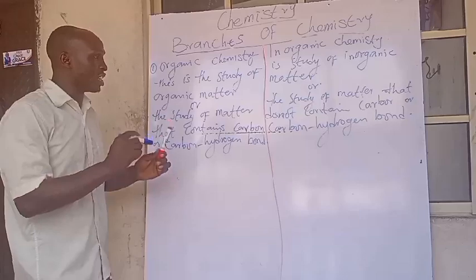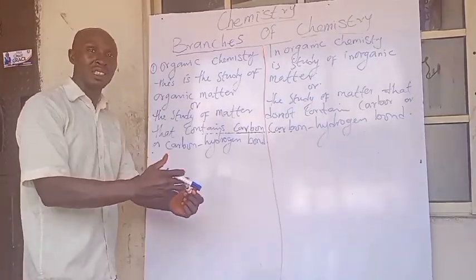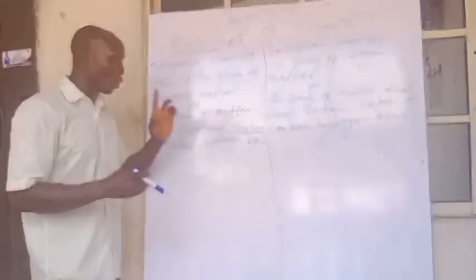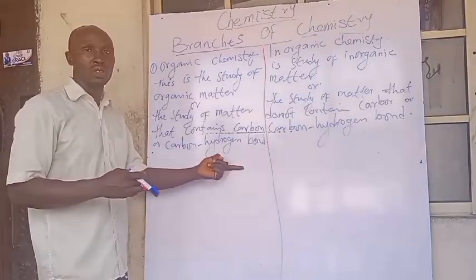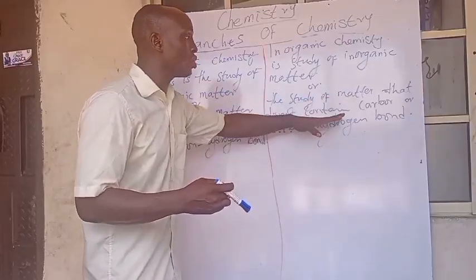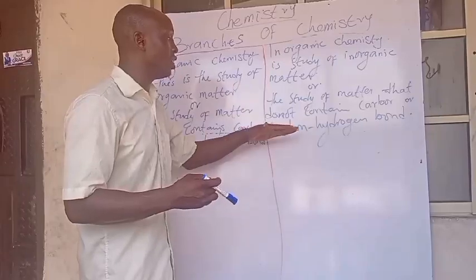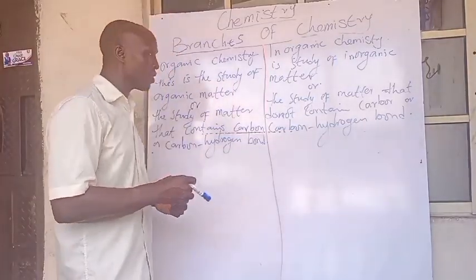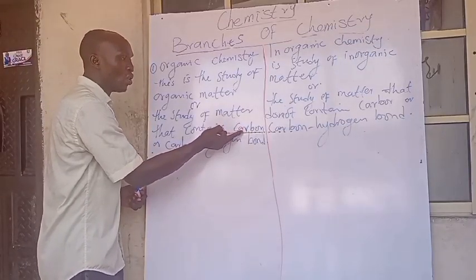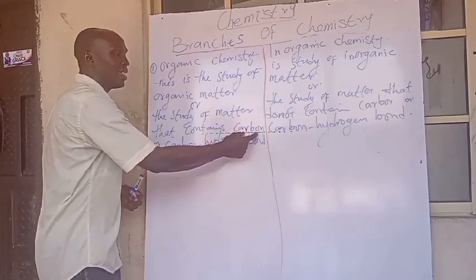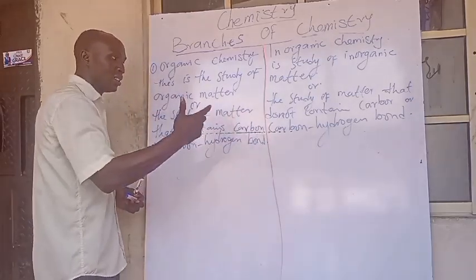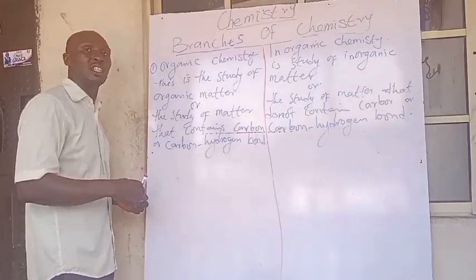You see clearly, we are trying to explain who an organic matter is. An organic matter is any matter that contains carbon or carbon-hydrogen bond, while inorganic matter is such matter that does not contain carbon or carbon-hydrogen bond. Now, the reason why this definition does not end on only matter that contains carbon is that some matter that are inorganic still contain carbon atoms in them.